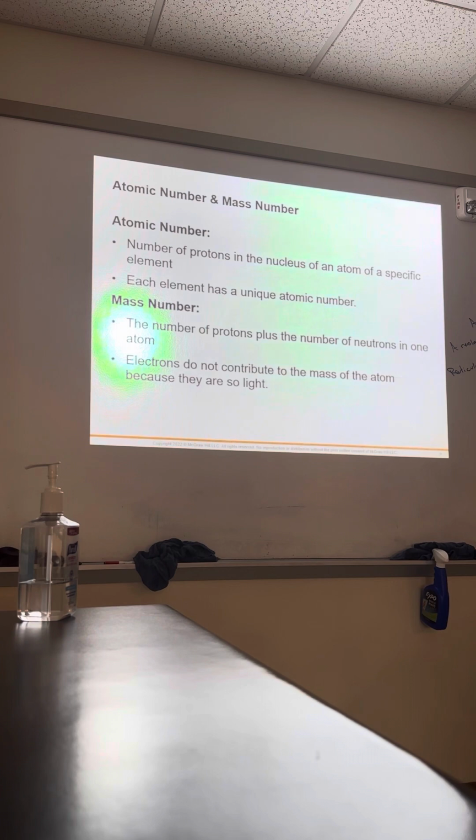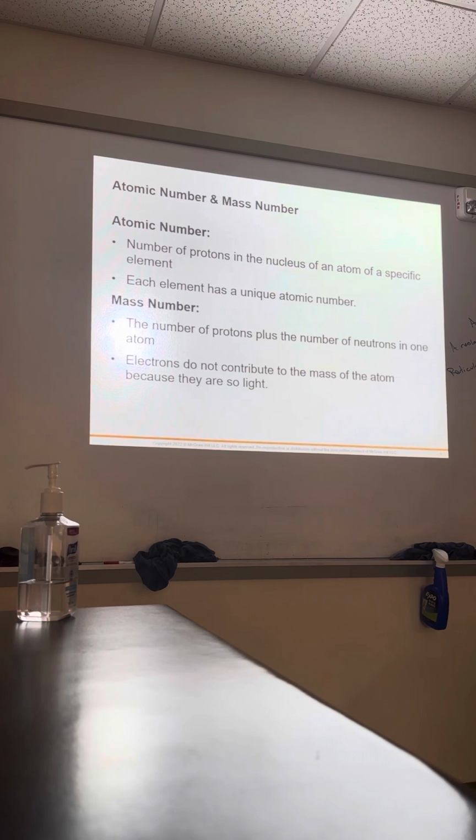So the atomic number is just, to simplify it, the number of protons in the nucleus of the atom. Okay? If it only has 1 proton, by definition, it is hydrogen. If you're looking at an atom and you're able to tell the number of protons in the nucleus, oh, there's 2, it would be helium.